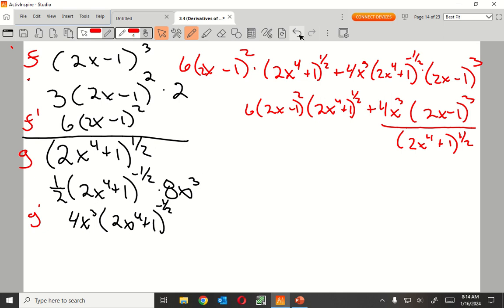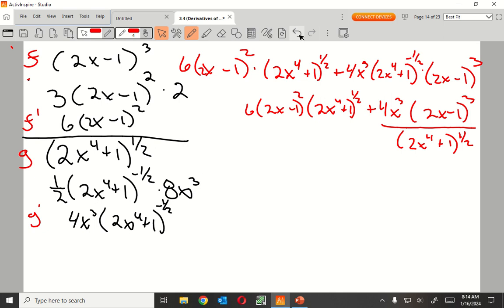So common factor at least would be 2x minus 1 squared. This one right here, 2x minus 1 squared, because that one has a cube. So then I could actually go from there.